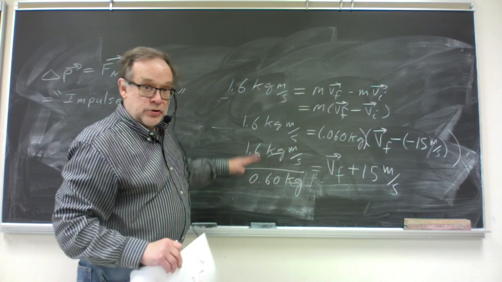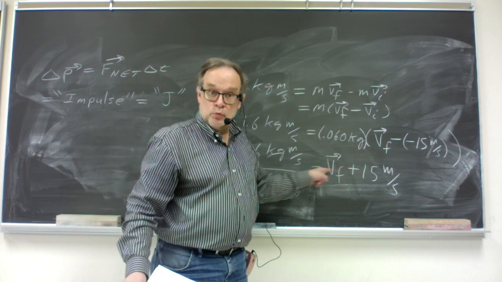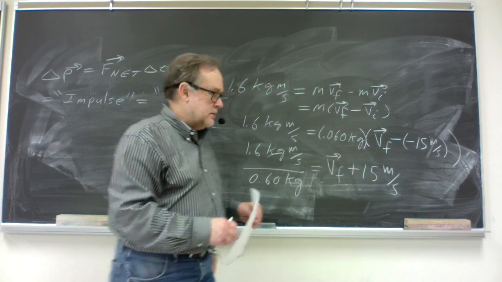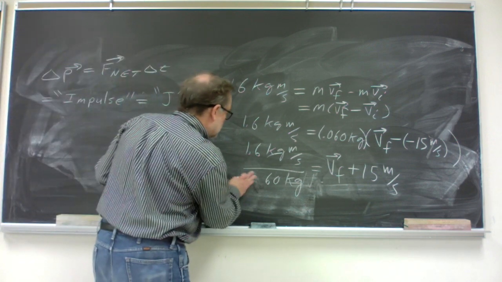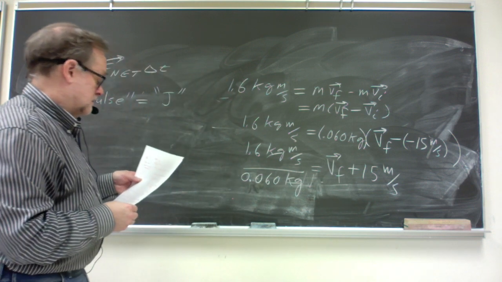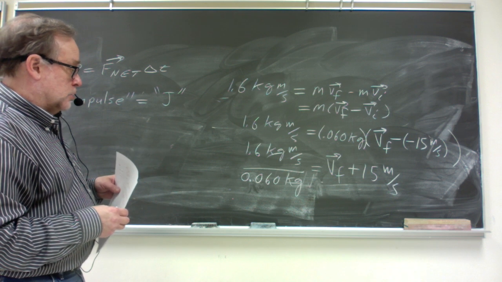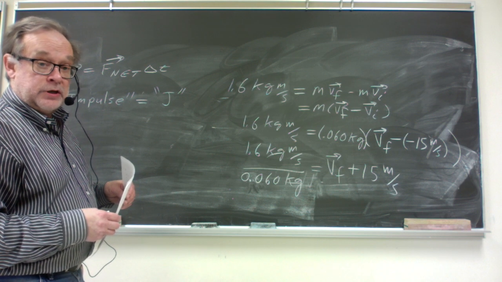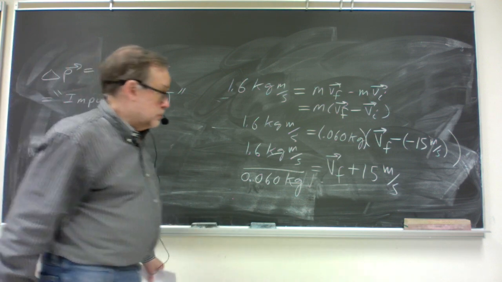So the number that you're left with has a unit label of meters per second, just the way it should, because what you have on the other side of the equation are velocities, things with labels of meters per second. Sorry, that's 0.06. Okay, and then when you do the algebra, the final velocity that you'll come up with is about 11 2/3 meters per second. We'll round that to 12 meters per second.